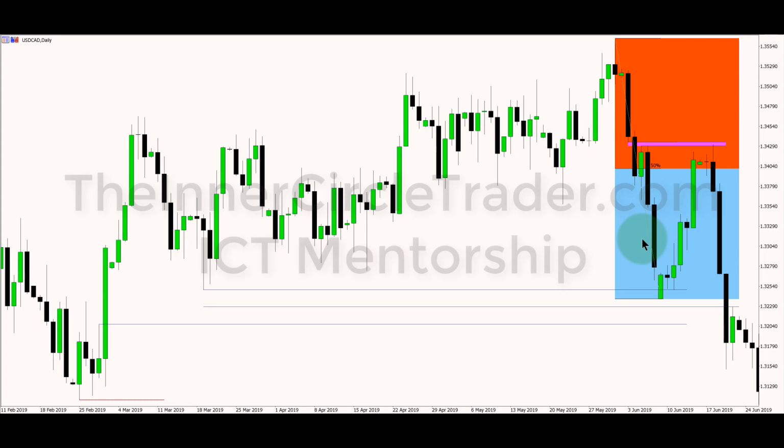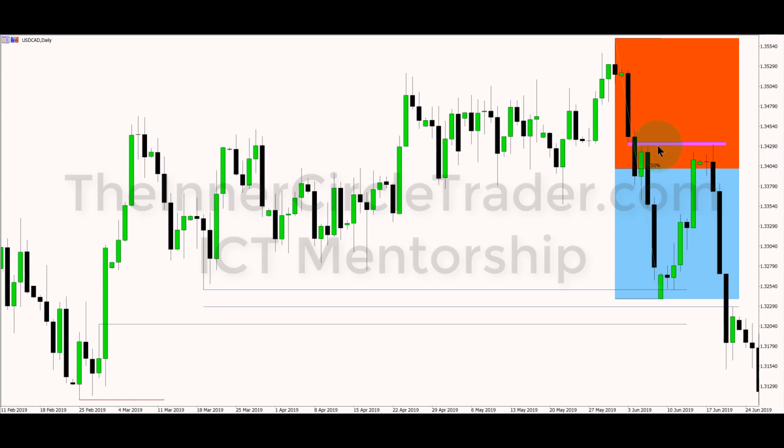But looking at the daily chart, anything above the 50 level is now a premium array. Okay, so anything above here, this 50 level, this is a premium array. I have highlighted one premium array simply because it's the most salient for this discussion. We have a fair value gap in here.